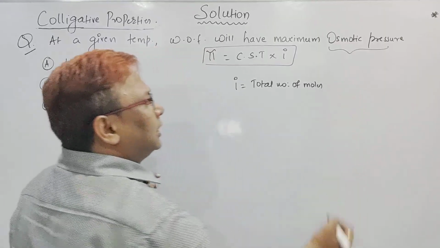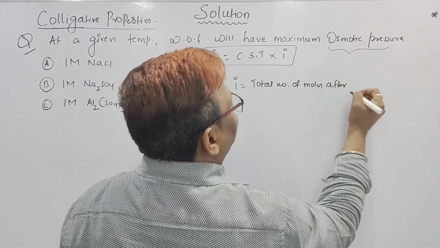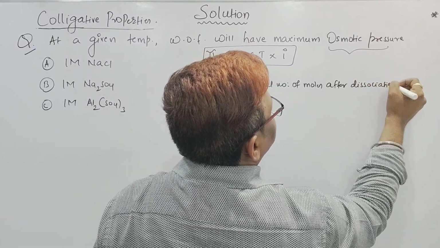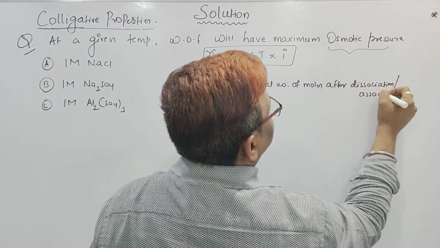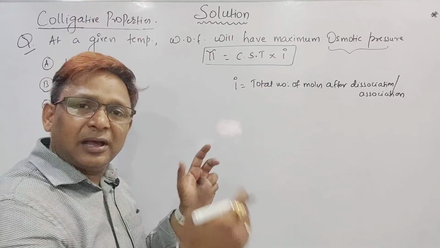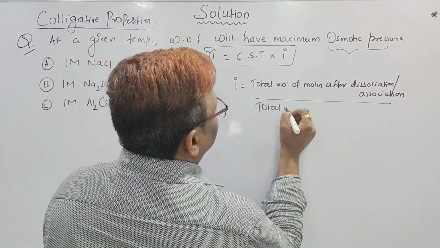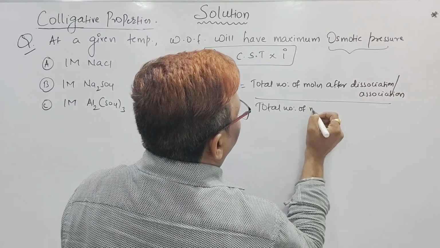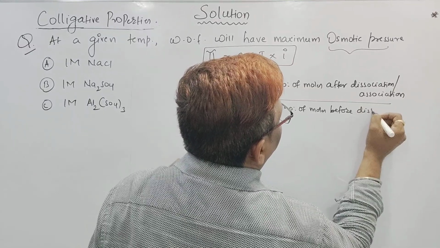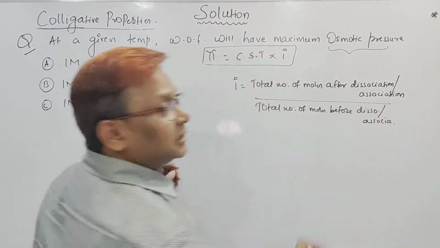after dissociation or association, because some molecules will dissociate, some molecules will associate, divided by total number of moles before dissociation or association.